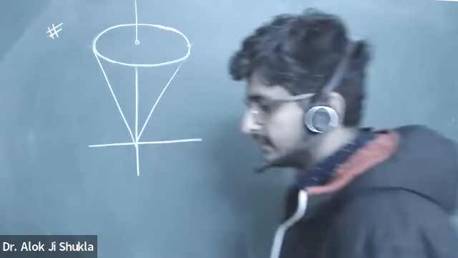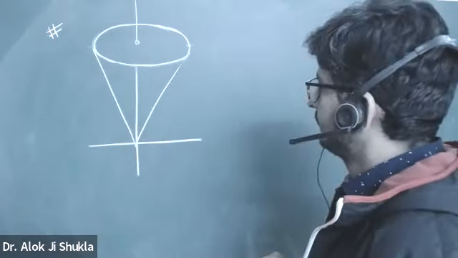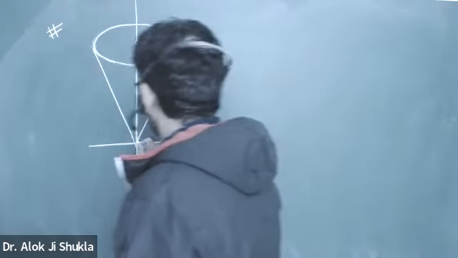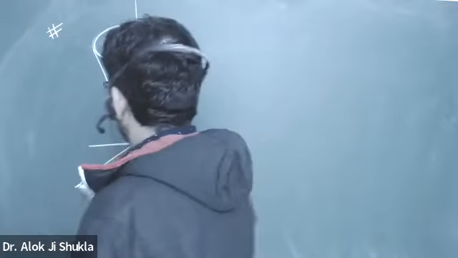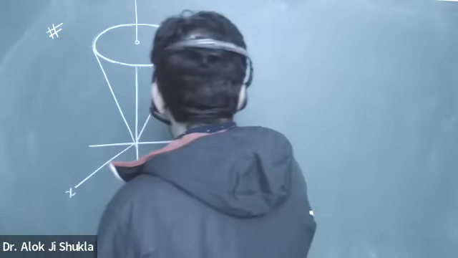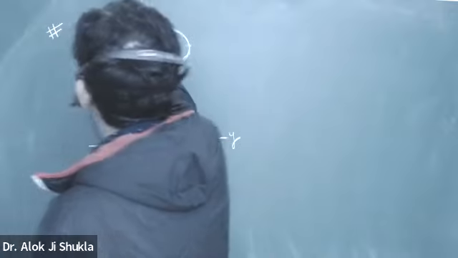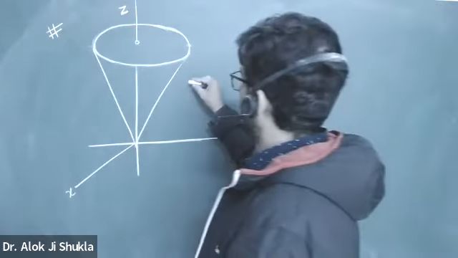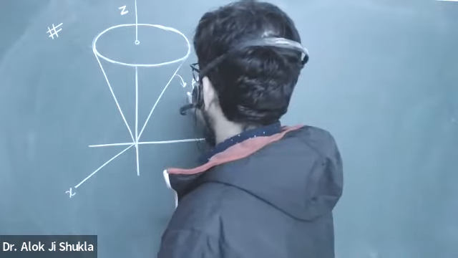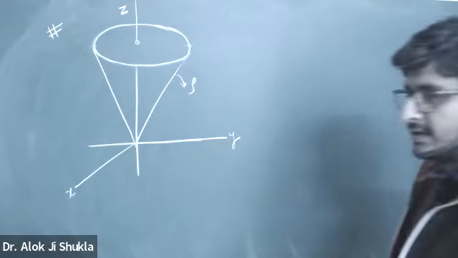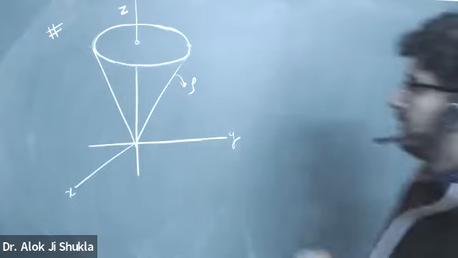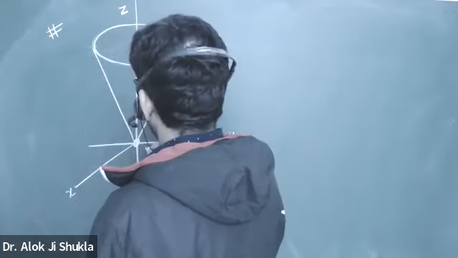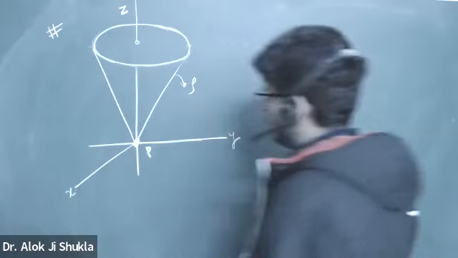Okay, like this. This is X, this is Y, and this is Z. And this is a cone having charge density rho. Rho is the charge density. We want to calculate electric field at this point P. This is the situation. Okay.